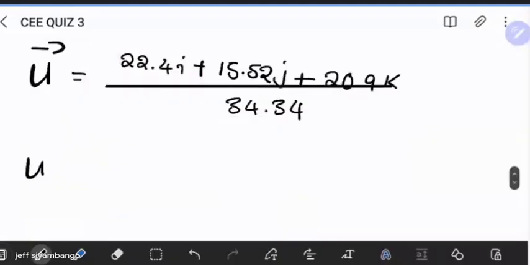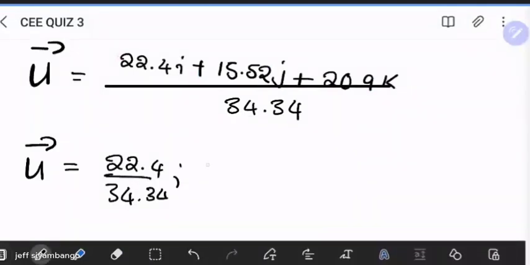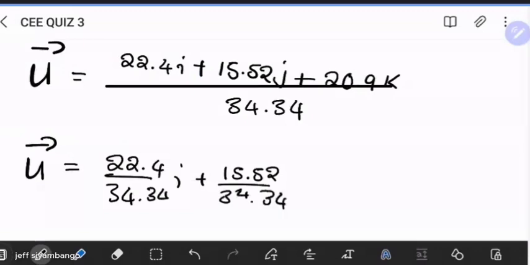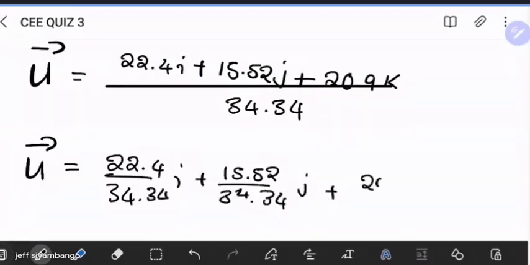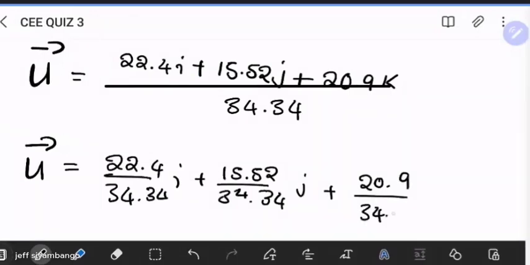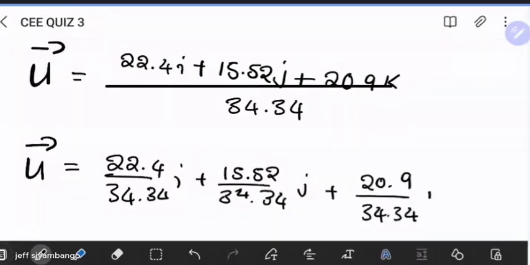We can leave it like that, or we can say 22.4 over 34.34 I plus 15.52 over 34.34. You can still divide and express these in decimals, by the way. Then this will be 20.9 divided by 34.34 K. This is what will give you the unit vector U.